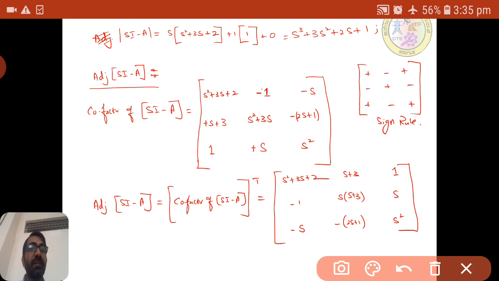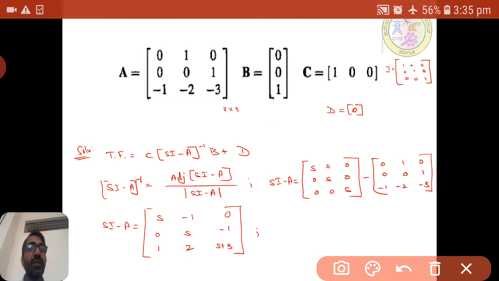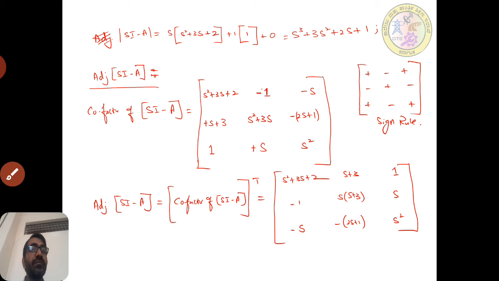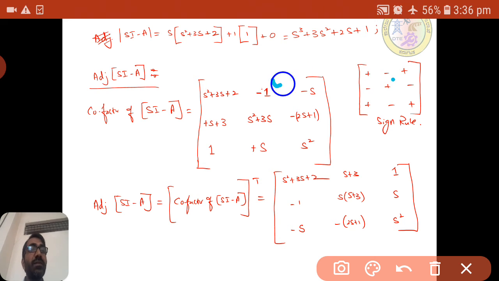Similarly, in the second place, leave these two, and here 0 and minus 1. That is 1 plus 2, which is 3, so minus 1 to the power 3 is minus. This 0 into s plus 3 is 0, minus of 1 into 1, that is plus, so plus 1 will be there, but the minus term is there, so it will be minus 1.